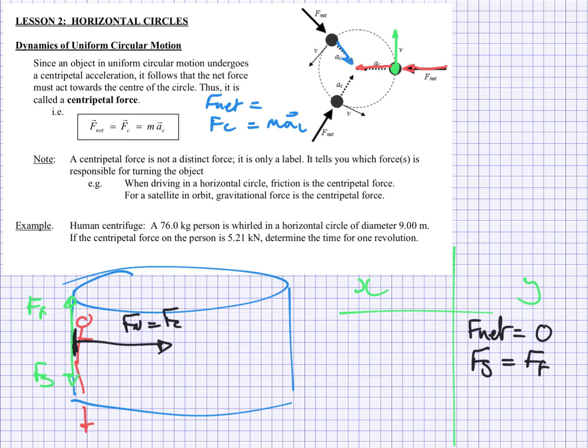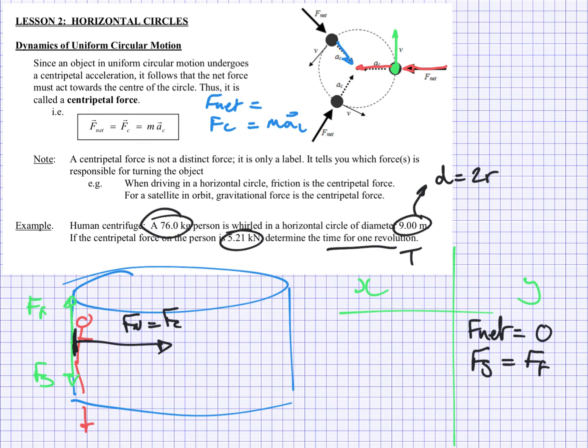Okay, nothing going on there. But this question is asking about the mass and the centripetal forces and giving us a diameter. Let's just note here, just so we don't forget, that a diameter is actually 2 radiuses, and it's asking for the time for one revolution, which is the period.